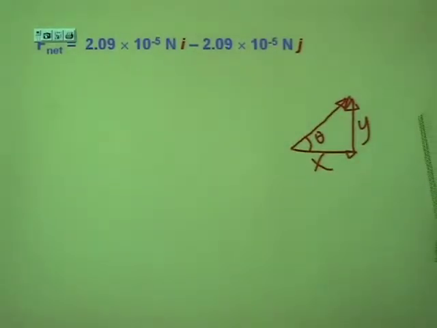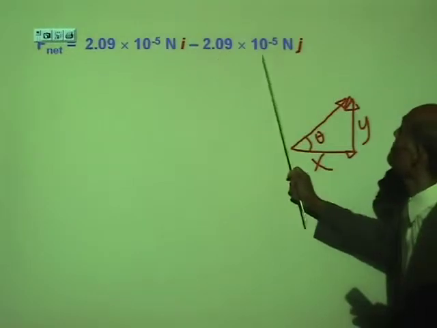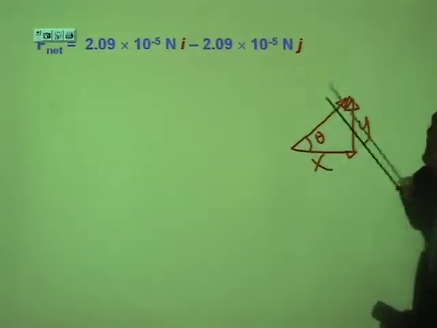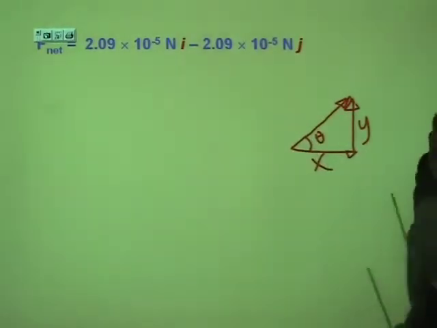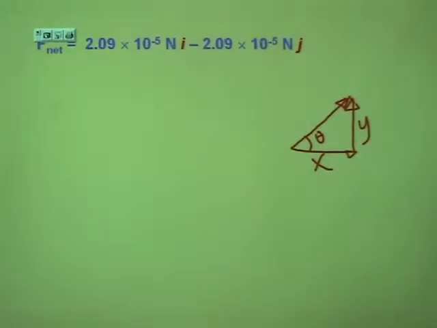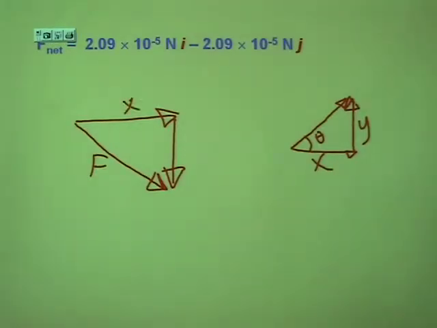Now what I have written y here is the y component. But actually it has to be negative. Is that right? Let me draw the x component is positive, y component is negative. Therefore that is our resultant force there. This is x, this is y. We are looking for that angle.